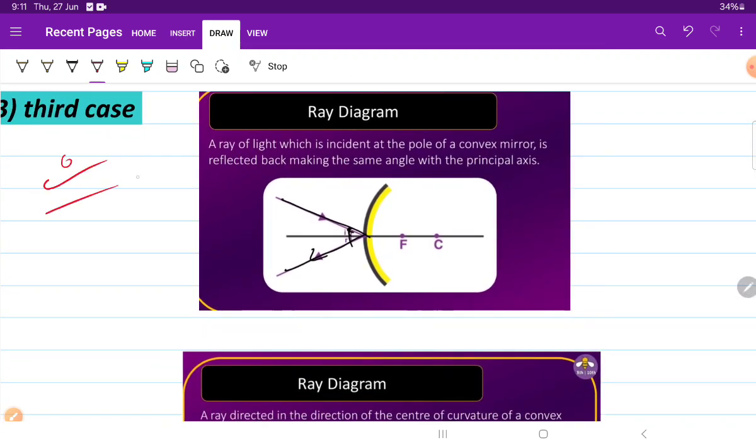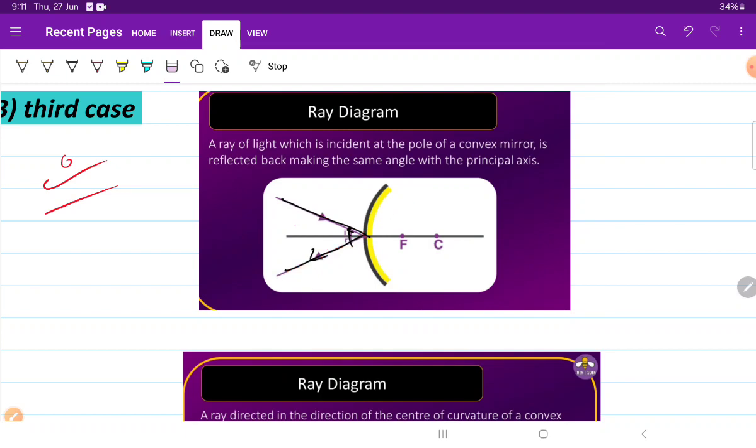Now the third case will be, if any ray is coming to the pole, touching the pole, then it will be reflected back in the same medium, having the same angle of incidence and angle of reflection.